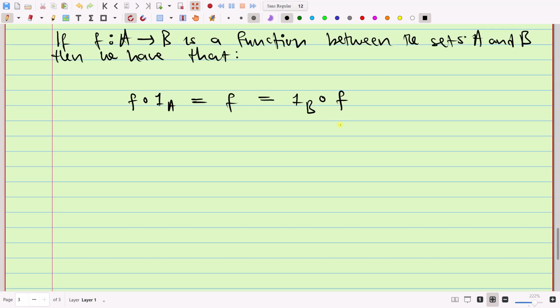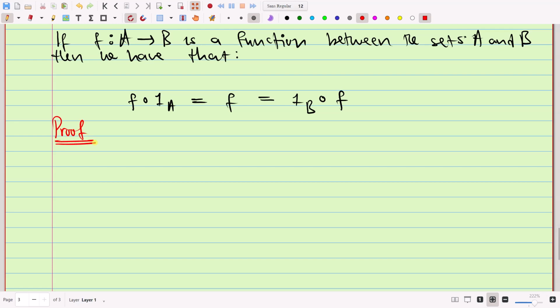So the identity property is this property whereby when you compose it with a function, it leaves the same function as it is, you see. So it behaves like the element 1 in the real numbers when you multiply. When you multiply by the element 1 in the real numbers, the element remains fixed or unchanged. So also the identity function has the same property, that when it multiplies the functions either from the right or left, then that remains unchanged.